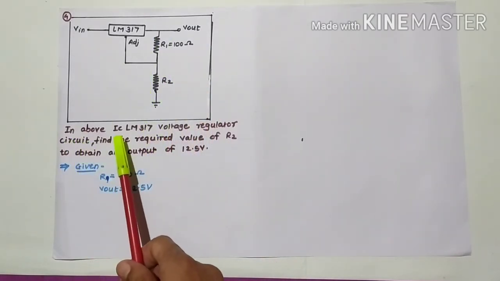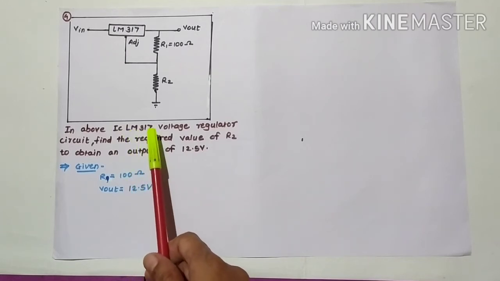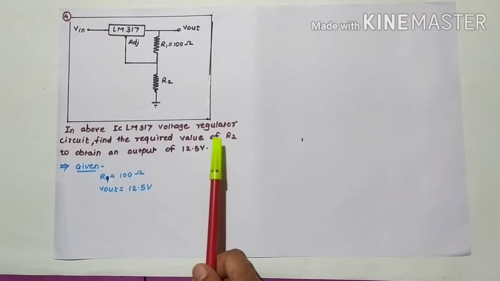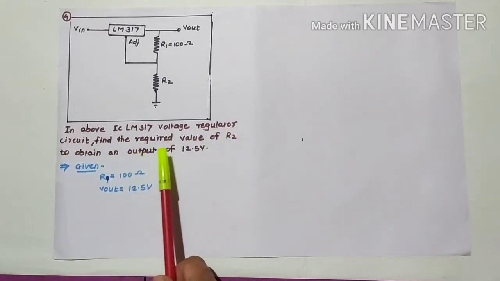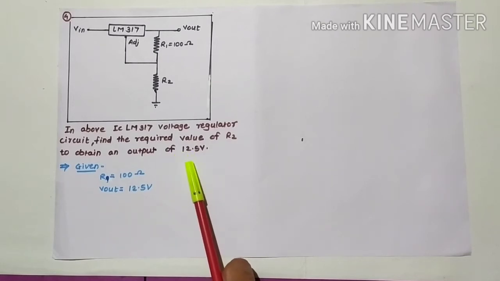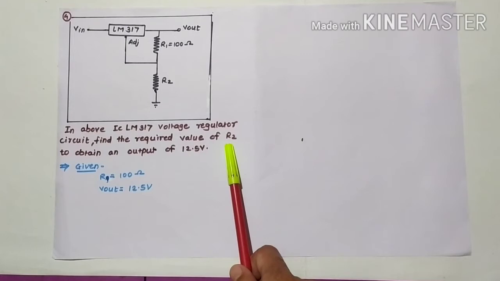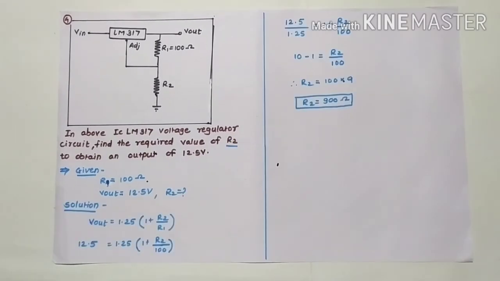In the above IC LM317 voltage regulator circuit, find the required value of R2 to obtain an output of 12.5 volt. The expected output voltage is also given here. So what we have to find out? Only the value of R2. Now let's start.